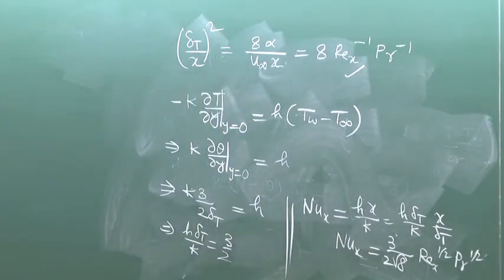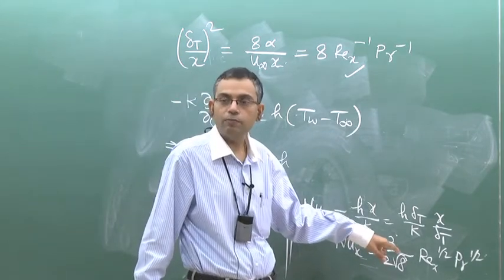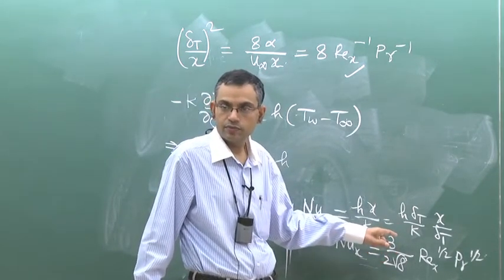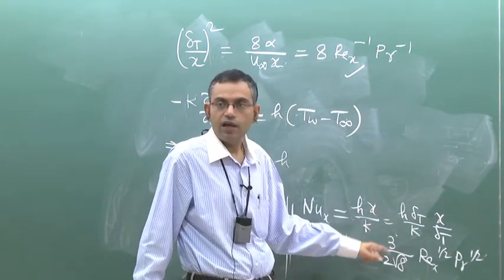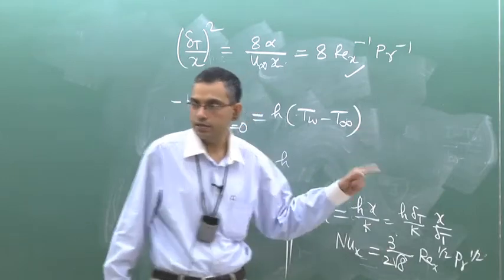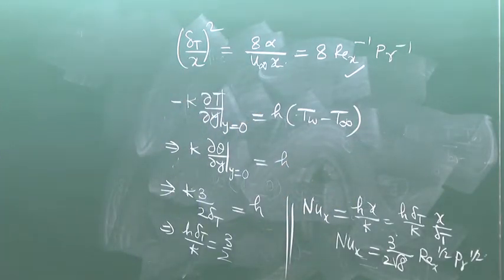If you recall, in the similarity solution it was 1 by square root of pi, right. So you can compare how accurate this is as compared to that, find the numerical values and you will see that the difference is not that much.